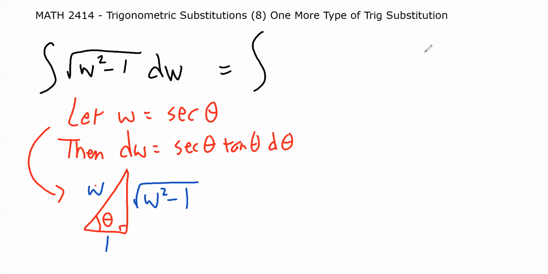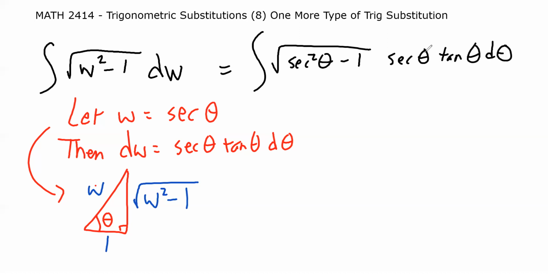All right, so let's do all this. If we let w equal secant theta, then our square root becomes the square root of secant squared theta minus 1. And dw is secant theta tangent theta d theta. All right, let's go to town on it. Starting with the square root of secant squared minus 1, let's just simplify it real quick, because the more of these you do, the quicker they get simplified.